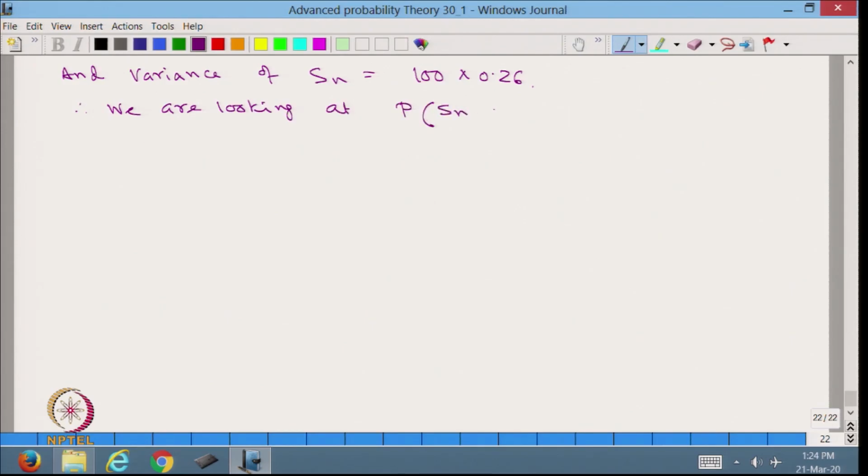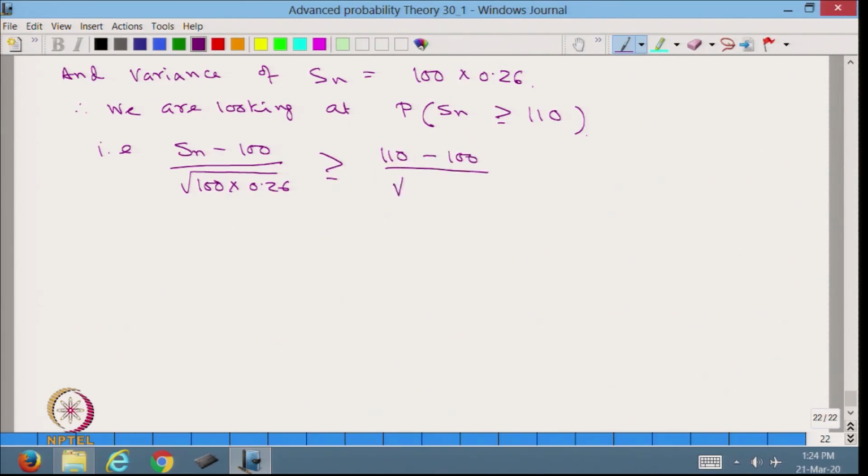Therefore, we are looking at the probability Sn greater than or equal to 110, that is (Sn minus 100) divided by root over (100 into 0.26) greater than or equal to (110 minus 100) divided by root over (100 into 0.26), which is equal to 10 upon 10 into root over 0.26, which is 1 upon 0.51, equal to 1.96.